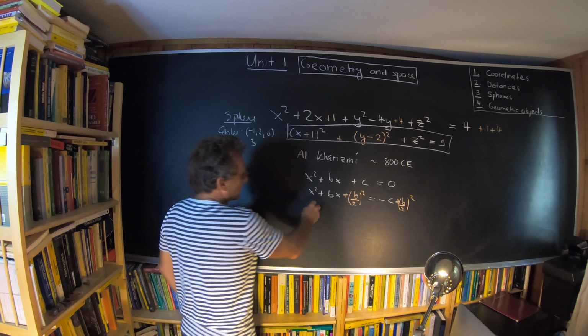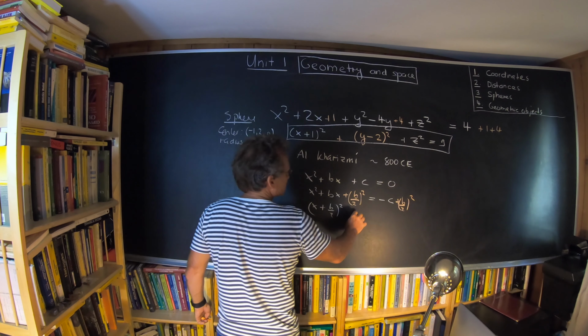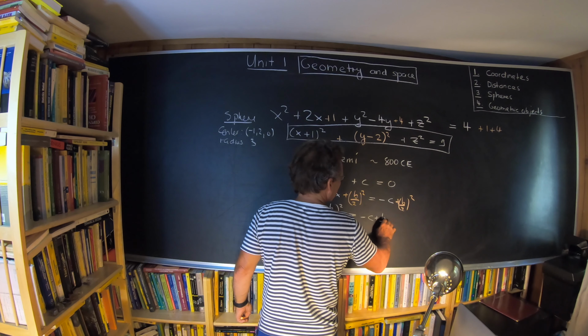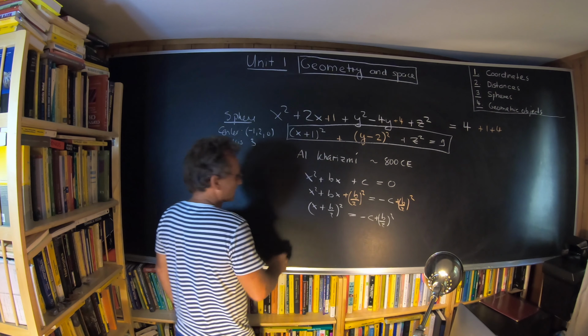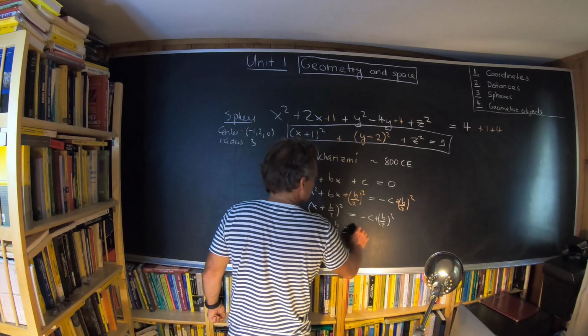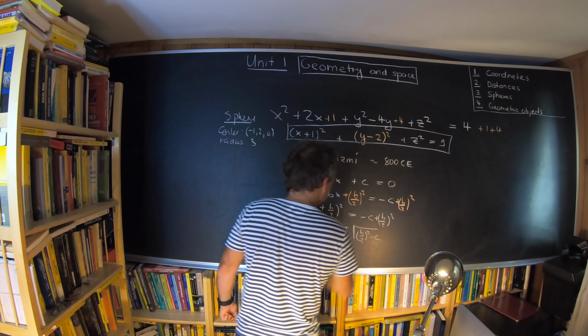And then we can write it as (x plus b half) squared is equal to minus c plus b half squared. And this can be written as x is equal to minus b half plus minus the square root of b half squared minus c.